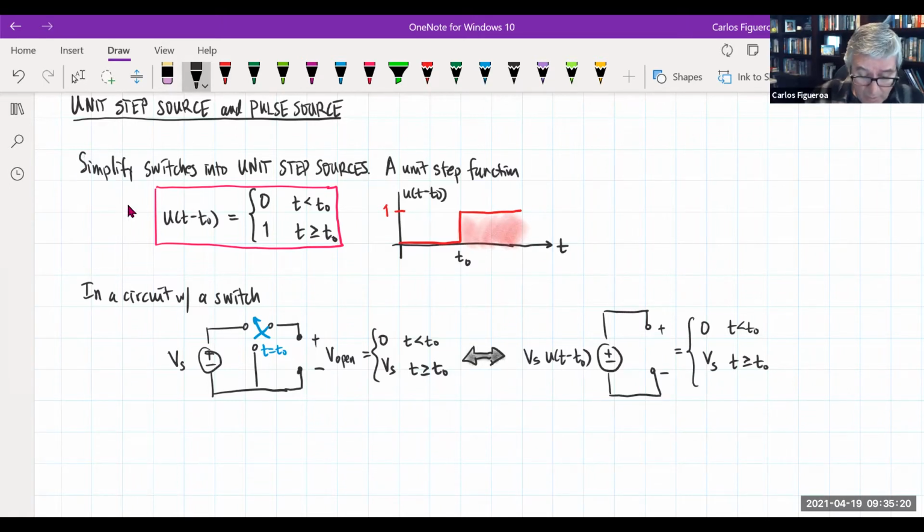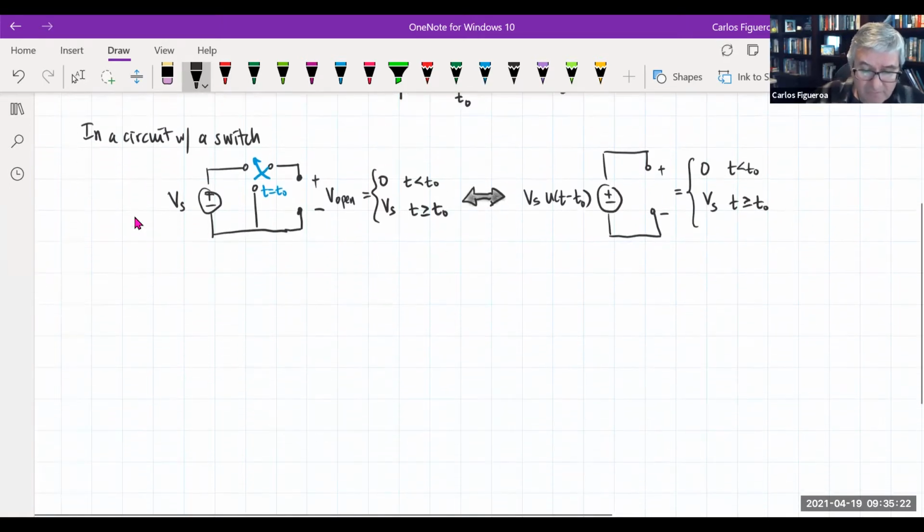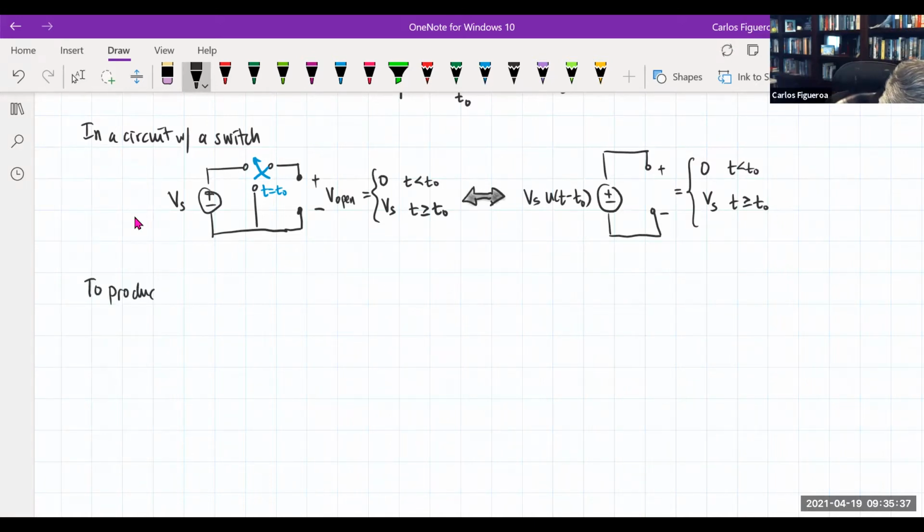Now, another thing that we talked a tiny bit about in lab, but we're really going to see in the upcoming labs, is that we want to produce a pulse source. So to produce a pulse, you know what? Let me write this differently.